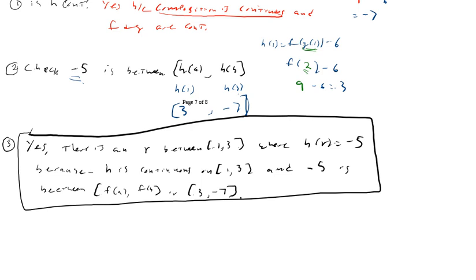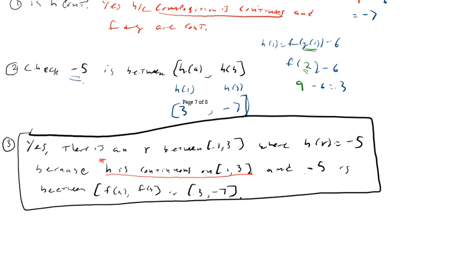Something like that, but you need these specific pieces. You need to state these three things. You need to state that it is continuous on the interval or everywhere. H is continuous.